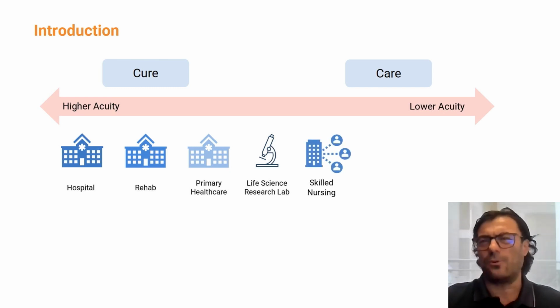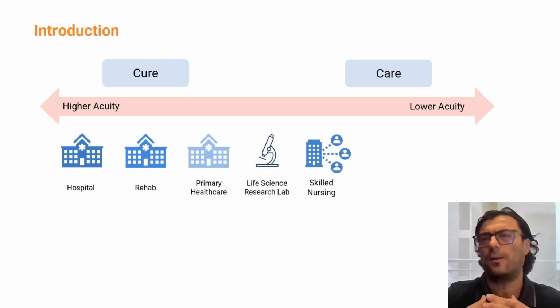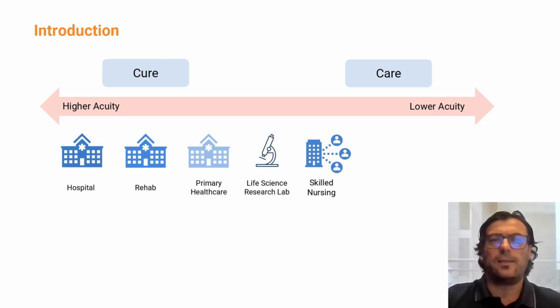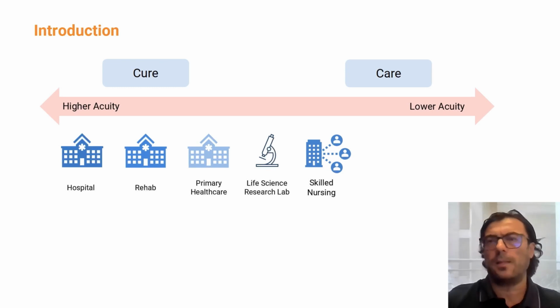This is really for people who need medical equipment 24/7, and they can hardly move. They are not independent in their living. That could be caused by age, by mental and physical disabilities.